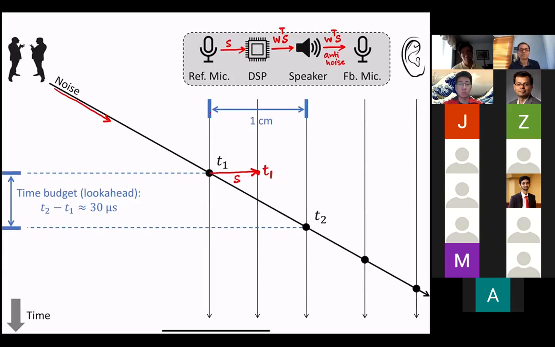It's T2 minus T1. So the DSP gets the sound signal here, this is when the DSP gets the sound signal in time, and the DSP has this much time to compute W. Compute W in that much time.